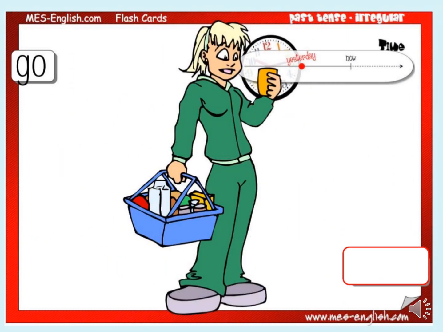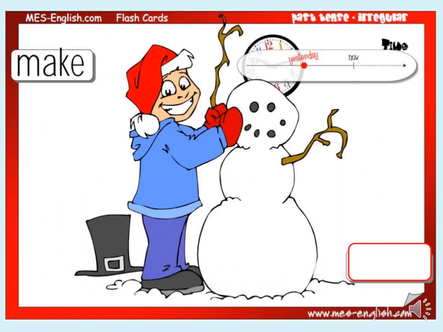What about go? The past tense from go is the irregular verb went. Go, went. Make. Yes. Perfect. It is made. Make, made.